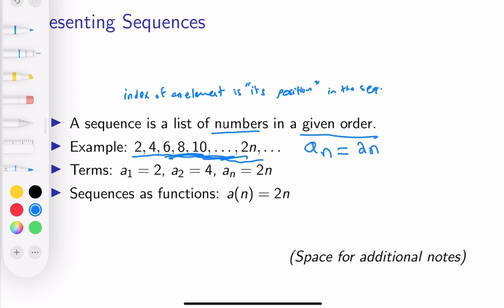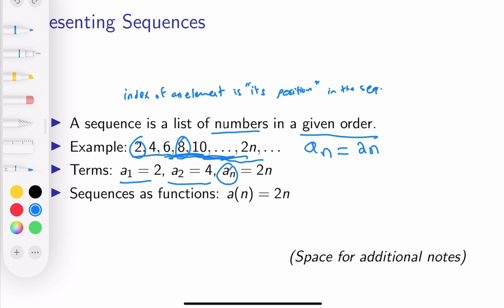For example, what's the index of 2? It's 1 because it's in position 1. What's the index of 8? It's 4 because it's in position 4. The index is going to appear as a subscript of a letter a or b, usually, when talking about sequences. For example, a1 here is 2, a2 is 4, and so on and so forth. So a general term in the sequence is 2n.